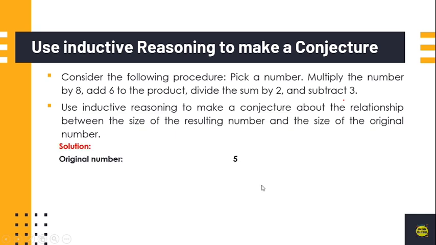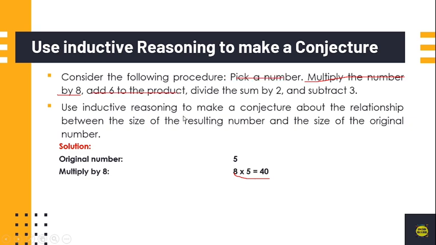First, we need to pick a number. I choose 5. Multiply the number by 8. So we multiply 5 by 8: 8 times 5 is 40.